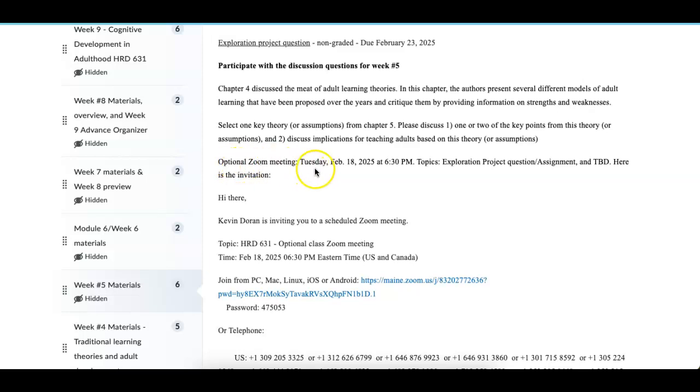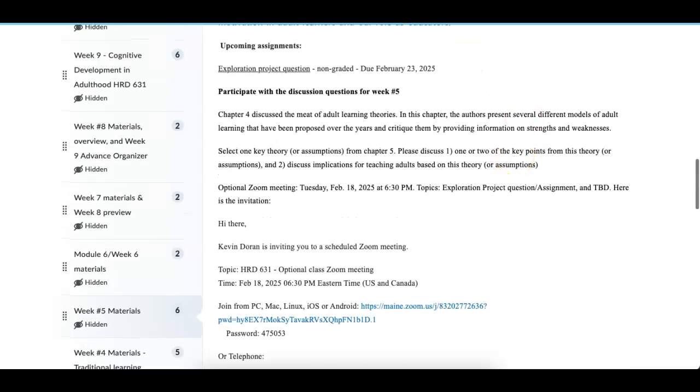We have an optional Zoom meeting Tuesday. That's Tuesday next week, February 18th at 6:30 p.m. And I say in here, topics for this are really the exploration project. So if you're unsure of what is due on February 23rd, show up if you can, but if not, we will talk about that.